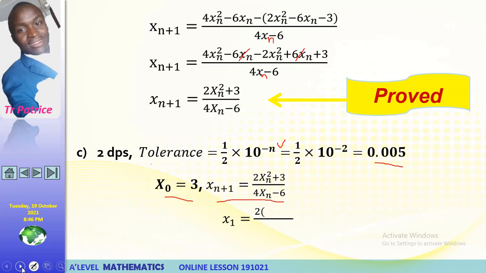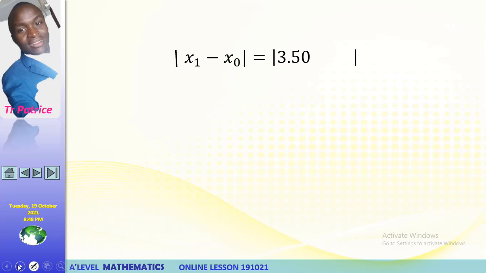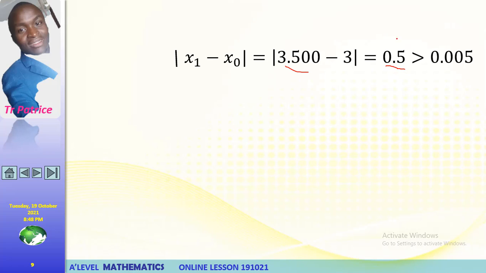If I substitute x naught, I get 3.500. Then from that step, we check the absolute error by getting the exact value minus the approximate value. When I subtract these two values, 3.5 and 3, I get 0.5, and it is greater than our tolerance level. It is not close, it is greater.